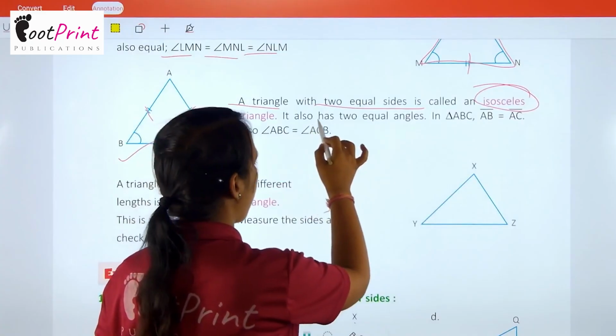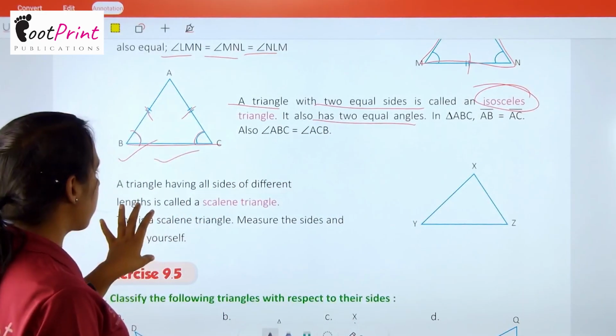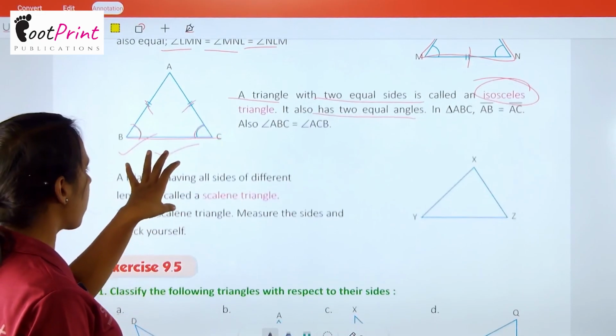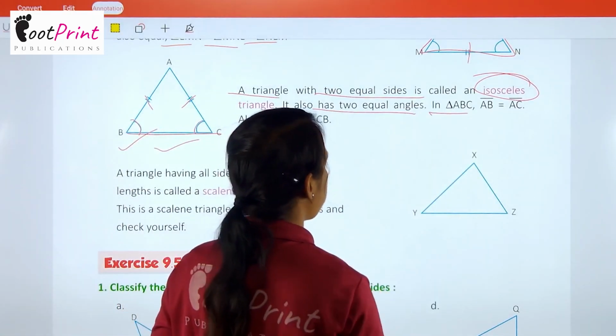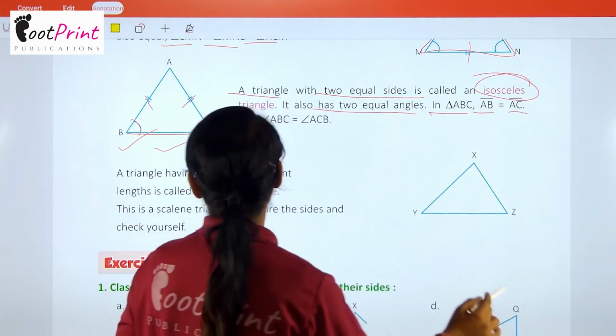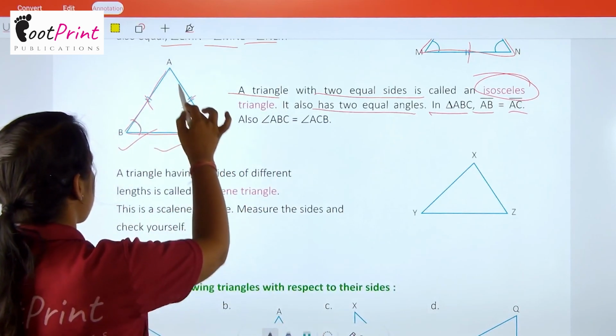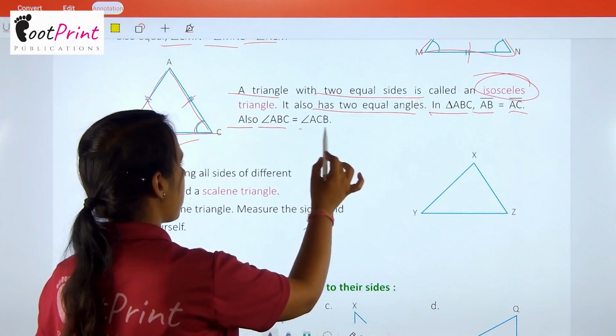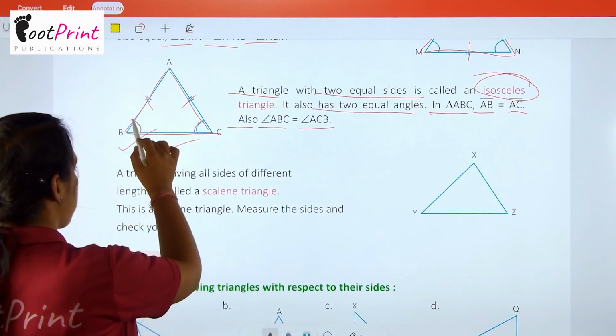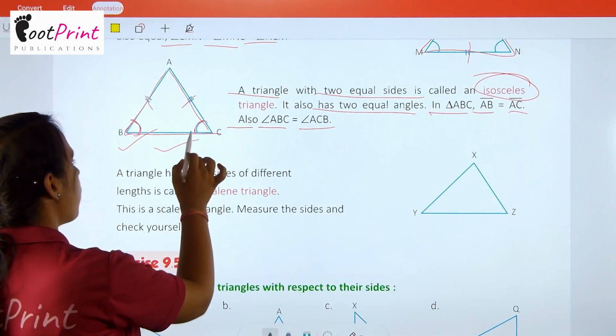It also has two equal angles, the base angles of the triangle are also equal. So we can write in triangle ABC, AB equals AC, meaning this side is equal to this one. And also we can write angle ABC equals angle ACB, meaning this angle is equal to this one.